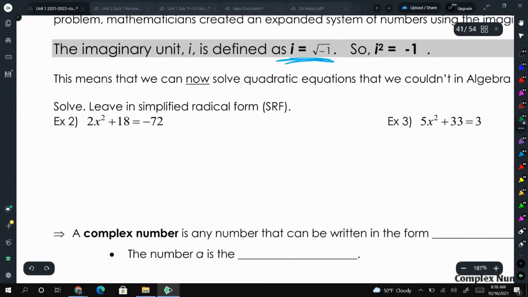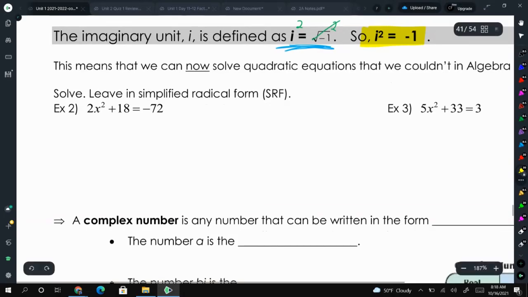It's also important to note that if i equals the square root of negative 1, and I square both sides, the square and square root go away, and you get i squared equals negative 1. So if we ever have i squared, we can replace that with negative 1.